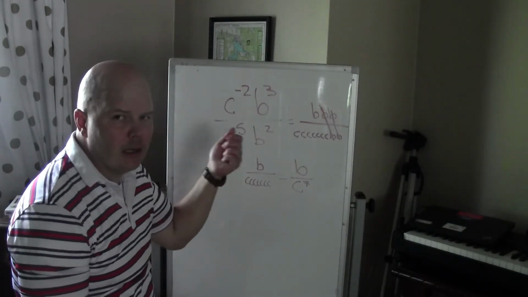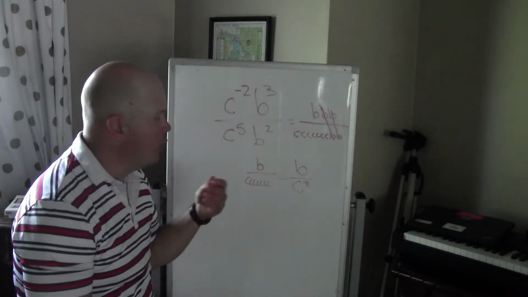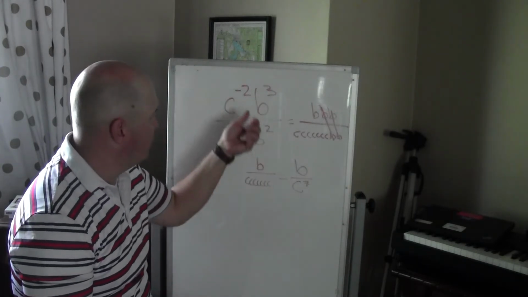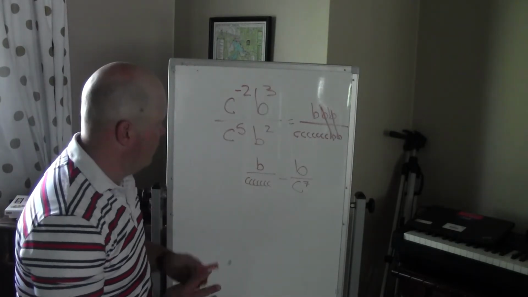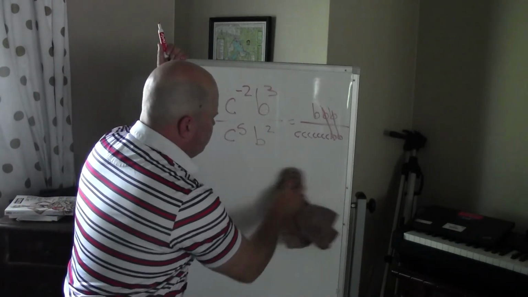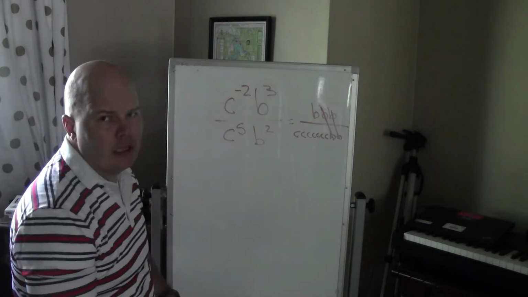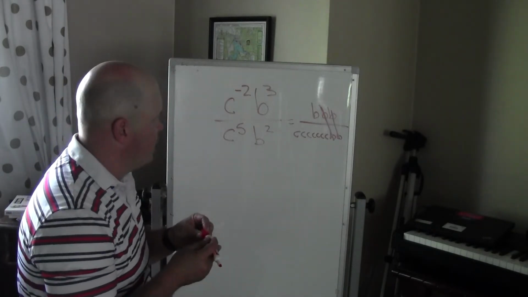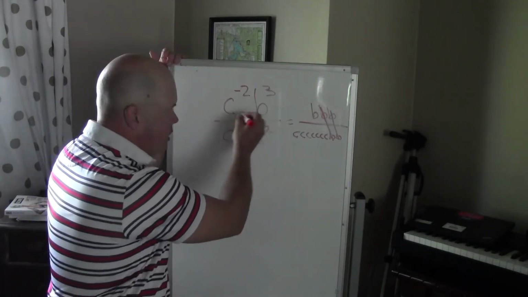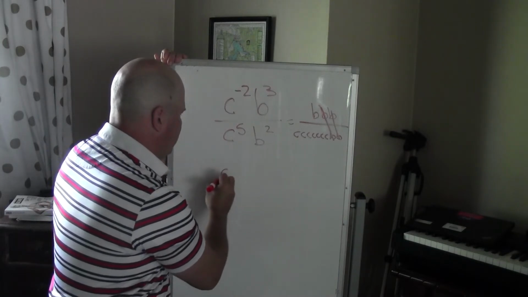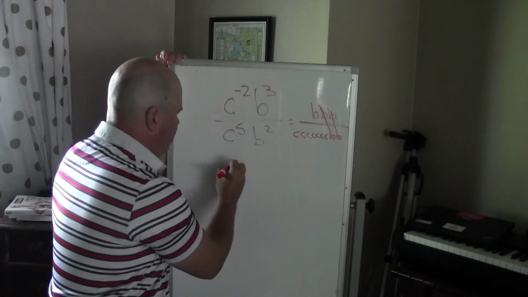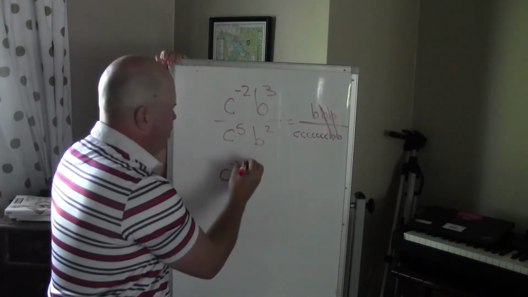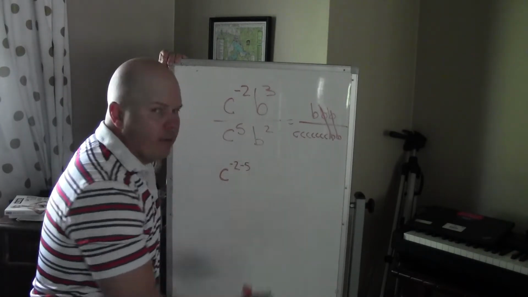However, just like with multiplication, when we multiplied exponents with a common base, we could add our exponents. Well, it just works out that if we didn't want to expand it out, when we're dealing with division, we can subtract our exponents. So the first thing I'll do is take my first base, which is c, take the -2, and subtract 5 from that.